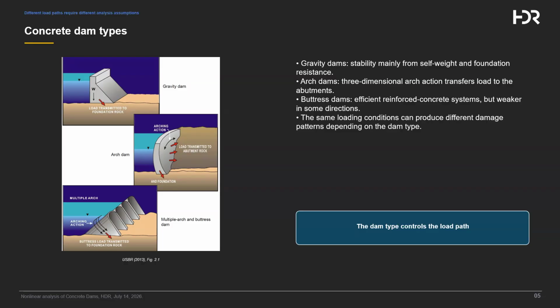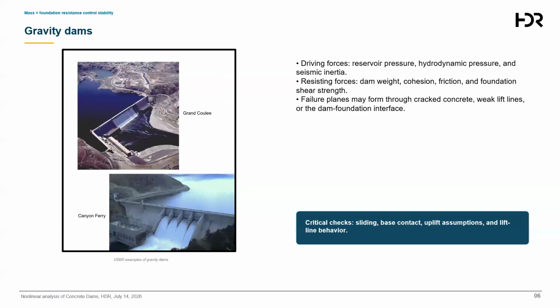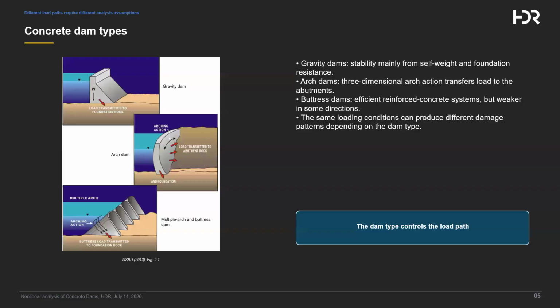Arch dams behave differently. They transfer a large portion of the reservoir load through arch action to the abutments. And multiple arch or buttress dams can be efficient structurally, but they may also be weaker in certain directions, depending on the layout and reinforcement.